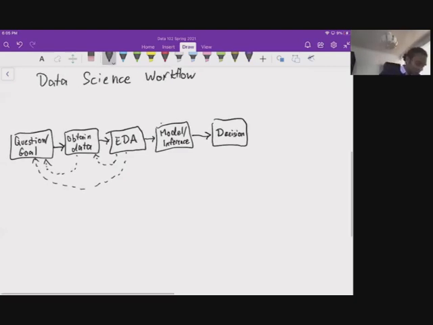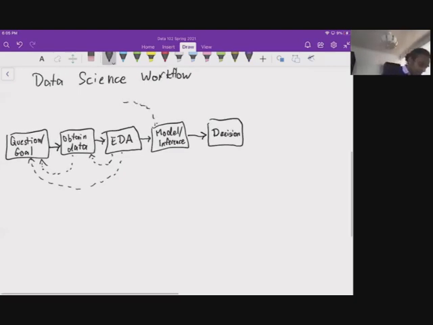So maybe I need to go back and obtain a little more data. Or maybe I make the decision, and the decision ends up being something that, let's say you're building a product that doesn't actually provide value. And so you have to go completely back to the drawing board. So these are the kinds of things that happen a lot in real world data science workflows.